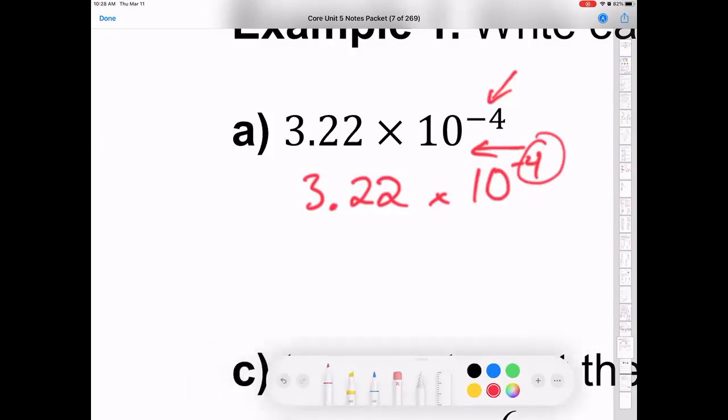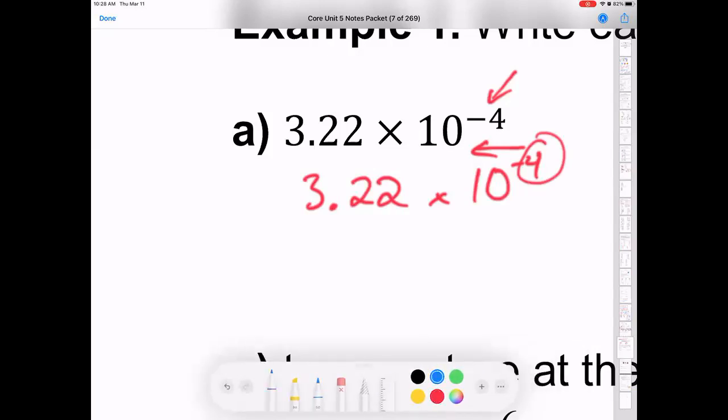So imagine taking your decimal place, which is located right here, and moving it 1, 2, 3, 4. Then we put our decimal place.